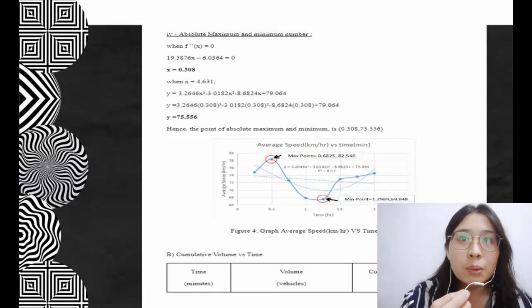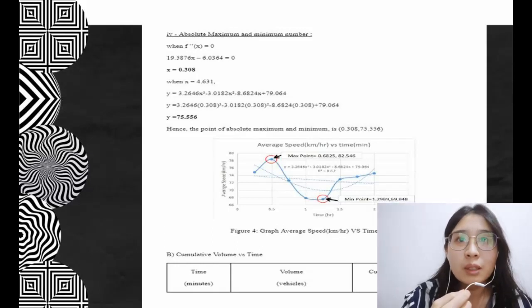We also put the x value into the original equation to get the critical point. So we can conclude that at x equal to negative 0.6825 the second derivative is less than 0, which means it is concave downward, and the critical point is negative 0.6825 with 82.546 as the y value.